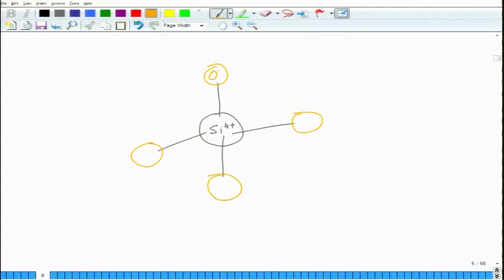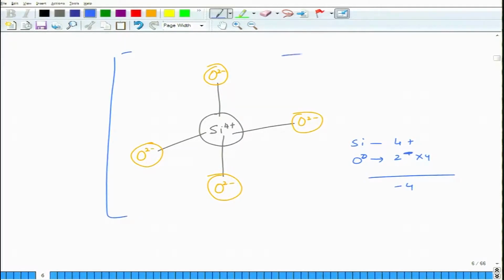So, this is O2 minus, O2 minus, O2 minus and O2 minus. Now, if you look at the sum of charges, silicon has 4 plus and oxygen has 2 minus into 4, right. So, the tetrahedra itself will have a charge which is minus 4.